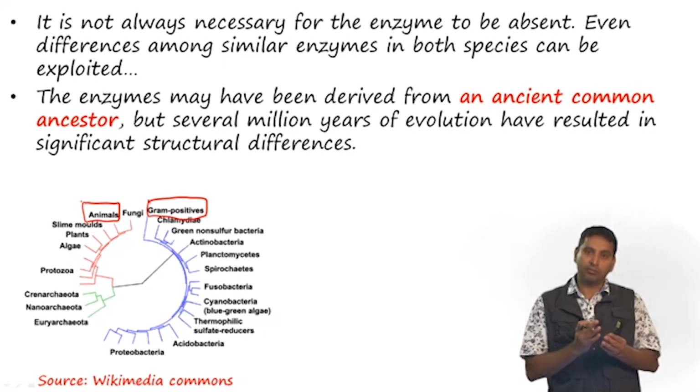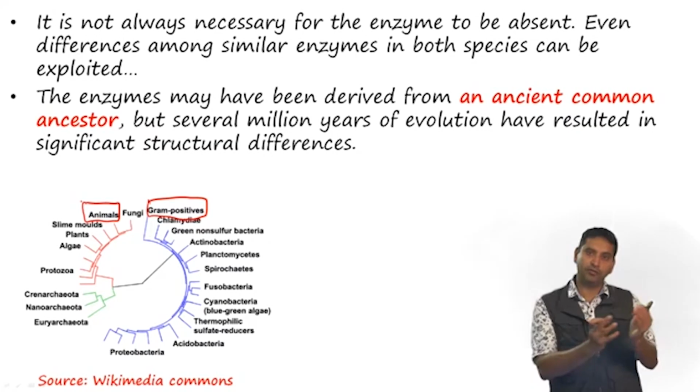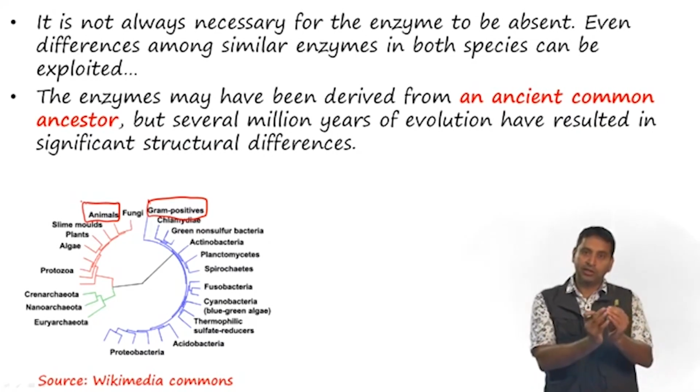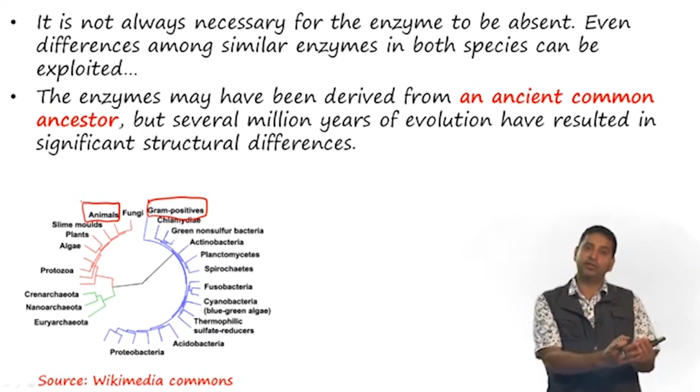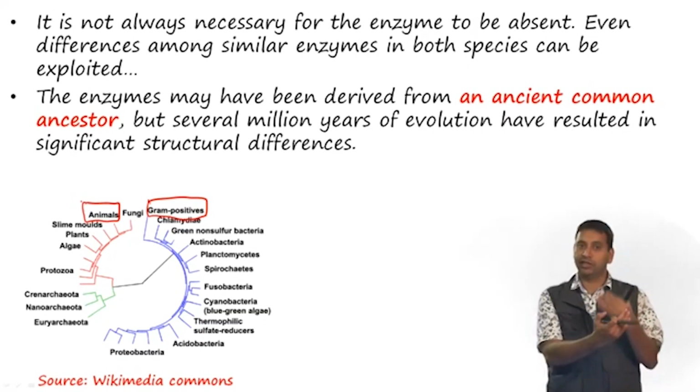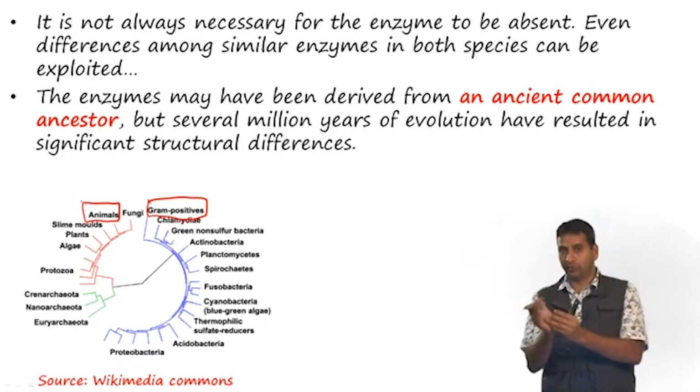And so, there are multiple aspects to this. There could be an enzyme which has a quite different structure, and this structure could manifest itself in the function also, but these differences in structure may not manifest in the function, which means that it can still play the same function but has a different structure.